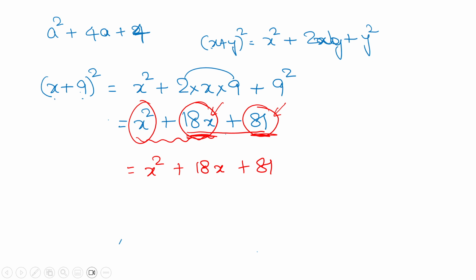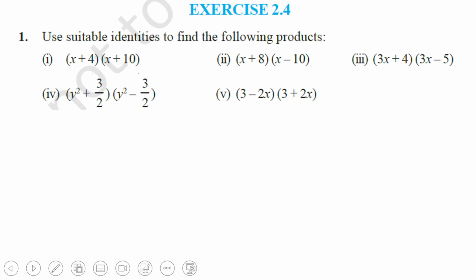So this is how we have used algebraic identities to expand or simplify the given expressions. Now let us see how we can use them for factorizing algebraic expressions. When to use and how to use, let me explain, very simple.